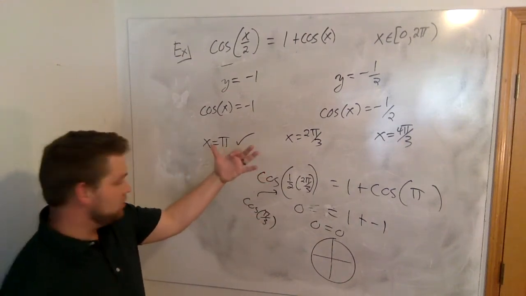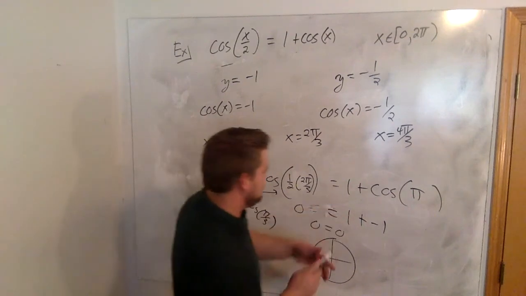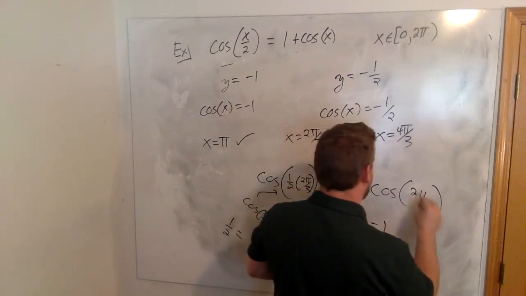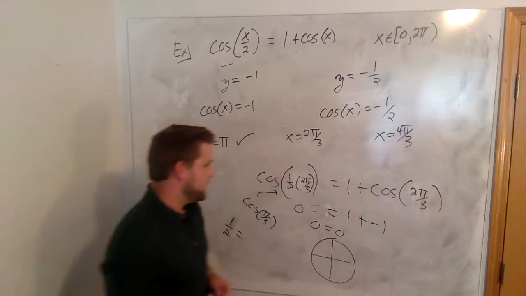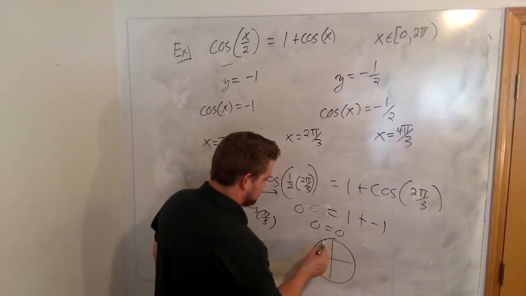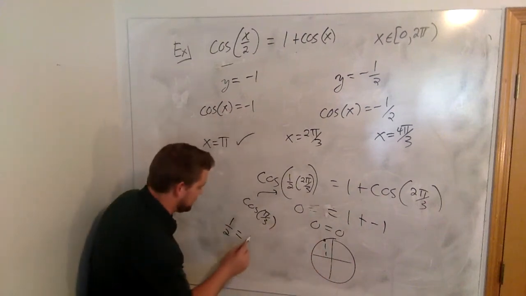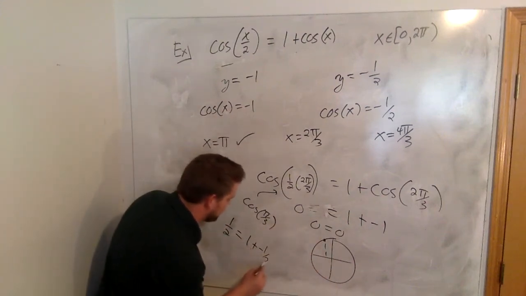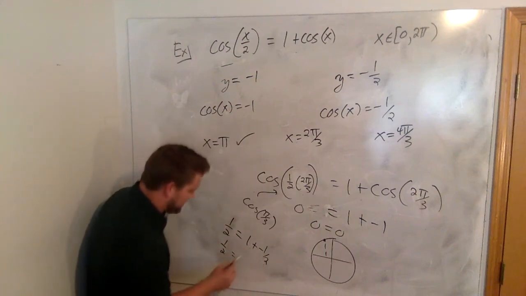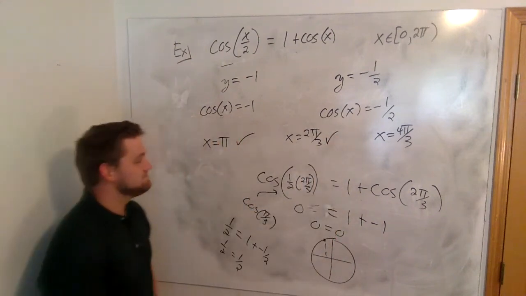Cosine of pi over 3 will be 1/2. So we'll get 1/2 is going to be equal to, over here, we're putting in 2 pi over 3. What's cosine of 2 pi over 3? Well, that's negative, it's going to be negative 1/2. So we'll get 1 plus a negative 1/2. So we get 1/2 is equal to 1 take away a half, which is 1/2. So this solution here is also good.